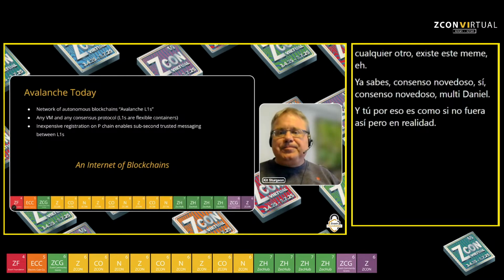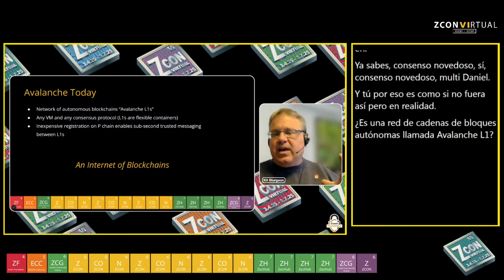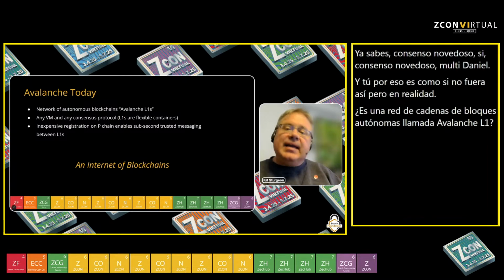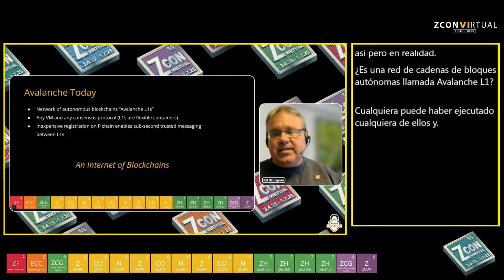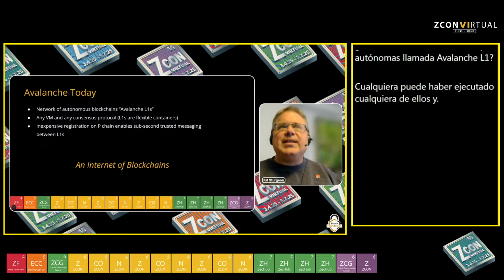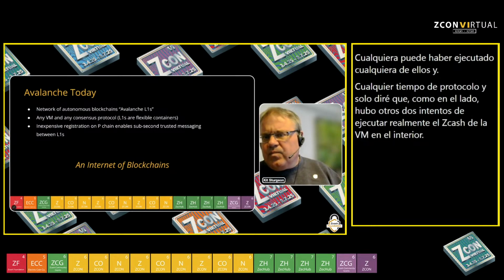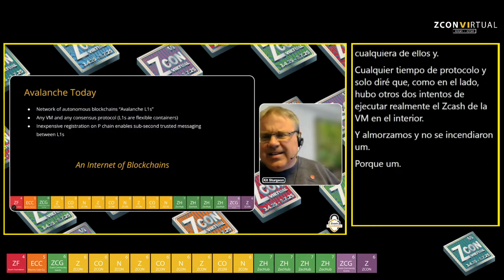So an L1 can run any VM and any consensus protocol. And I'll just say as an aside, there have been 2 other attempts to actually run the Zcash VM inside an Avalanche L1. And they didn't catch fire because there wasn't any connection to Zcash.